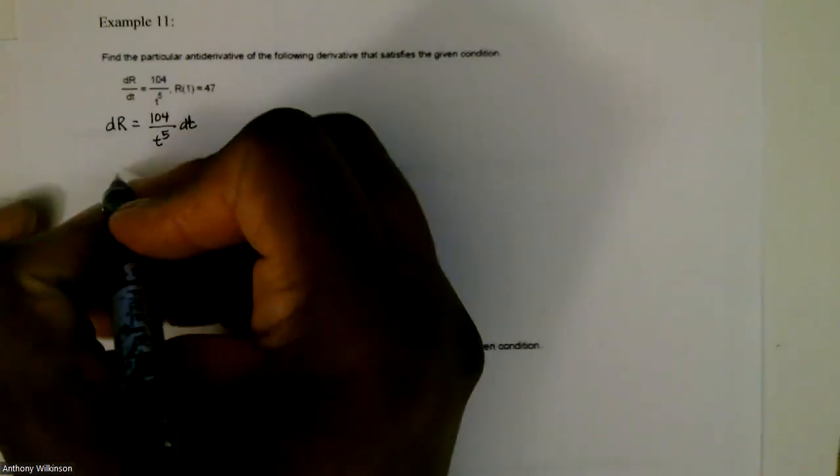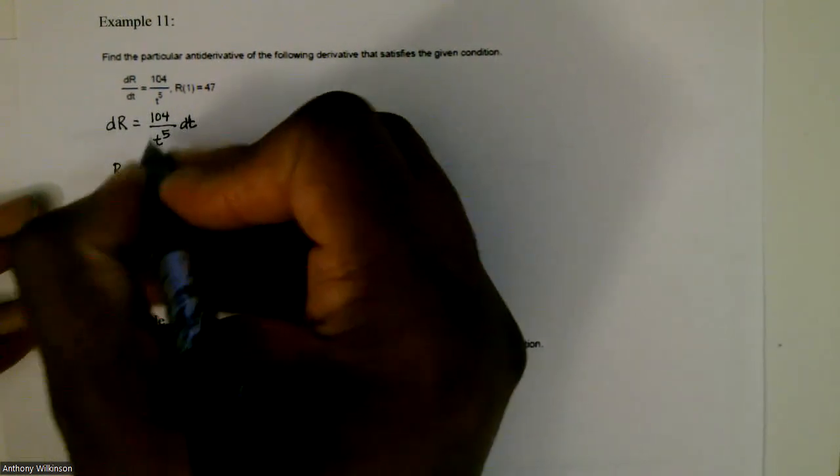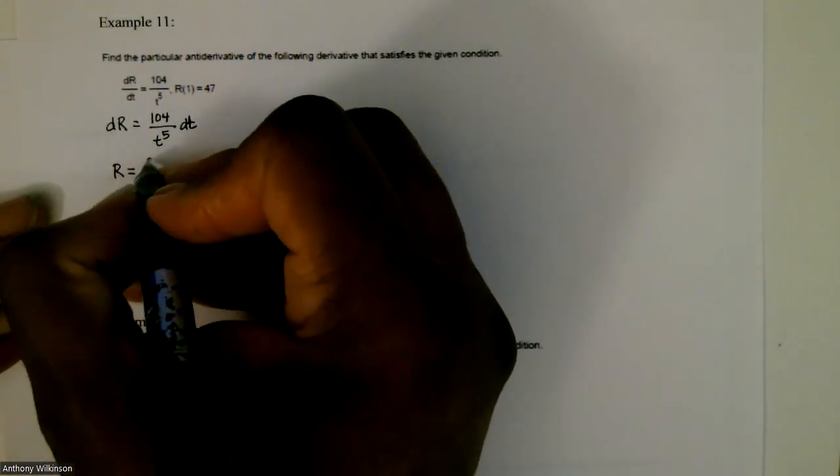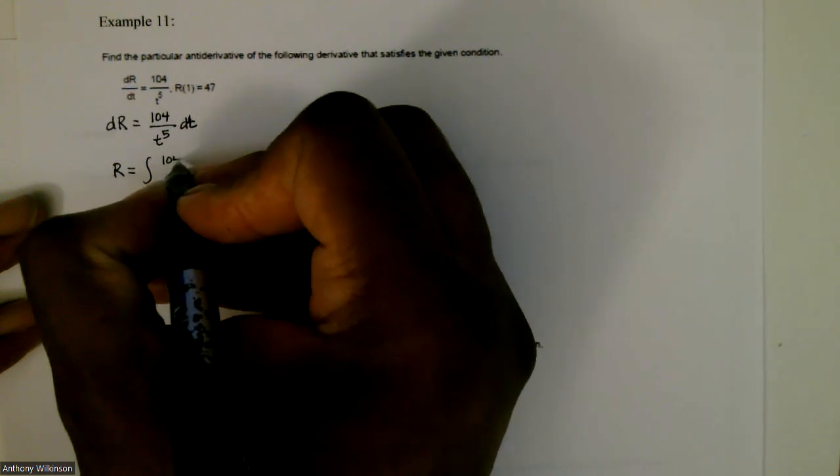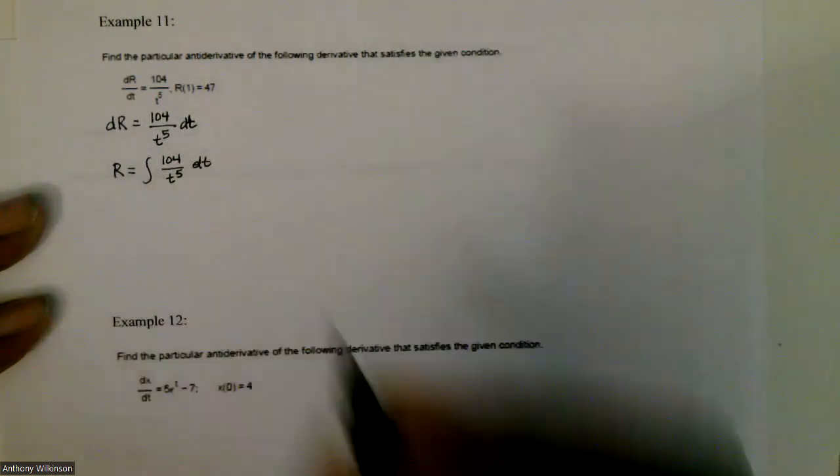Basically, what I'm doing there is just multiplying both sides by dt. Now to find out what r is, I take the integral of that expression, the integral of 104 times t to the 5th dt.